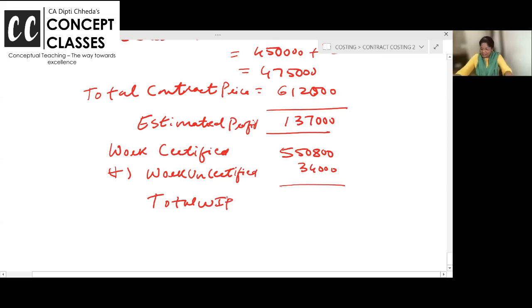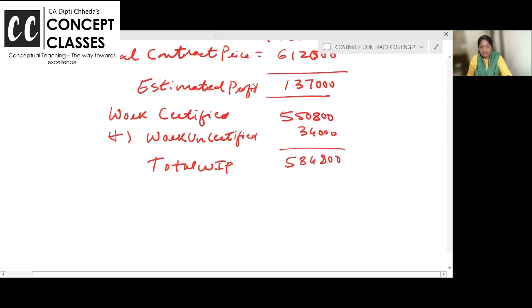Anyone in the class is feeling, ma'am, can we do T format? Yes, you can. 584,800. This is the total work in progress, minus cost till date.